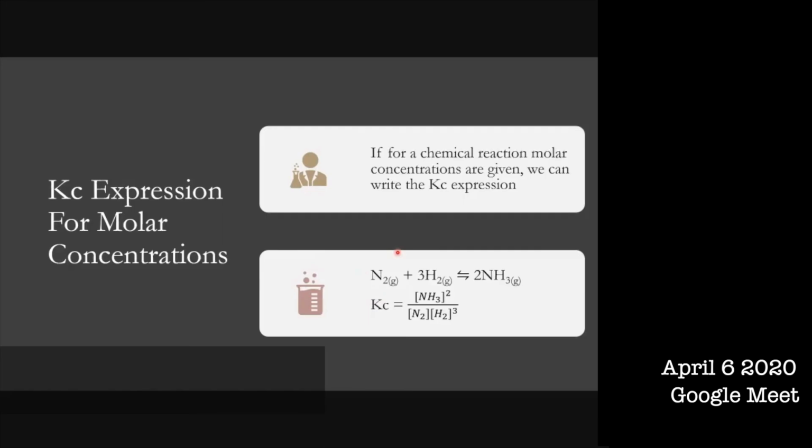So here we have a reaction again. I've taken the reaction of nitrogen and hydrogen giving ammonia. We know the equilibrium constant expression. I have used molar concentration, so square brackets on the numerator and denominator. So this would be a Kc expression.